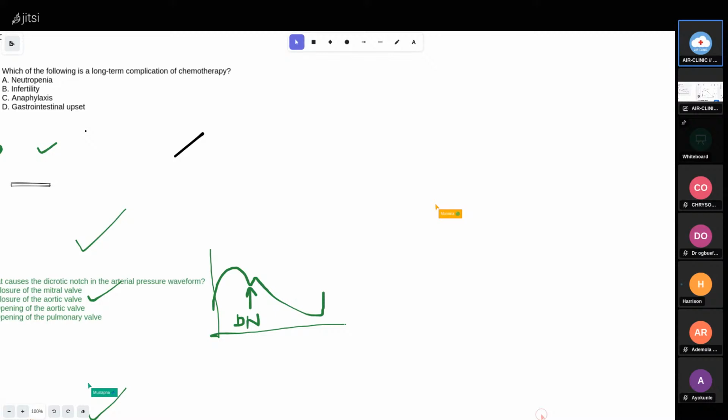Option C, erythema multiforme. Option D, psoriasis.